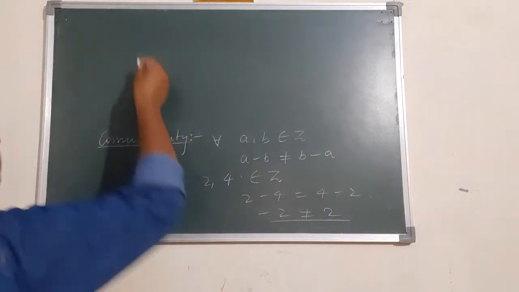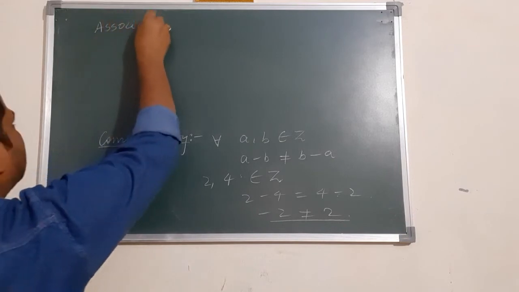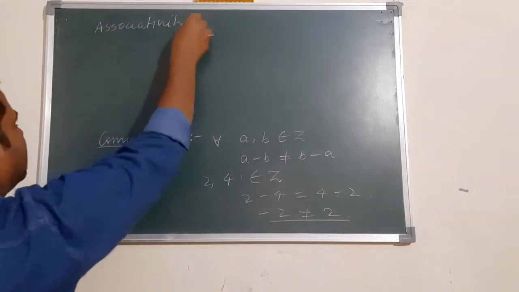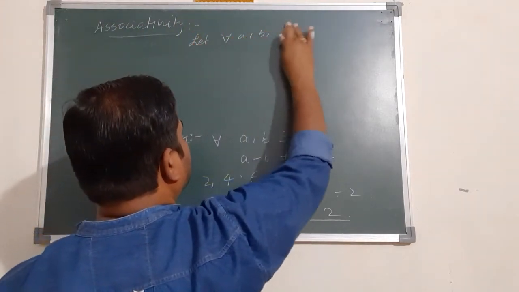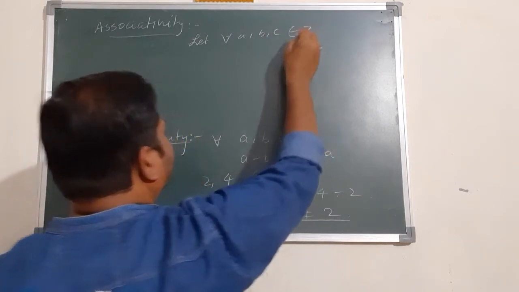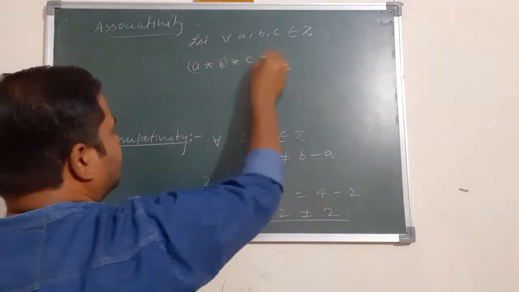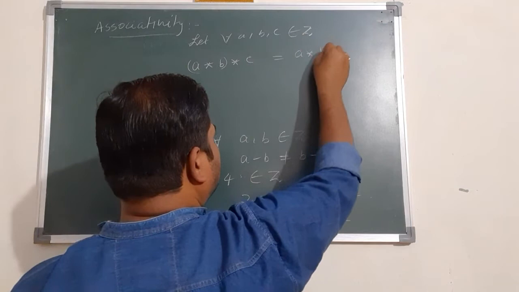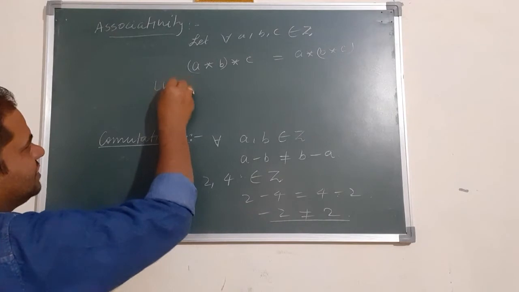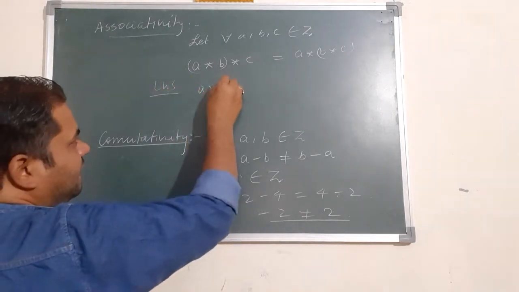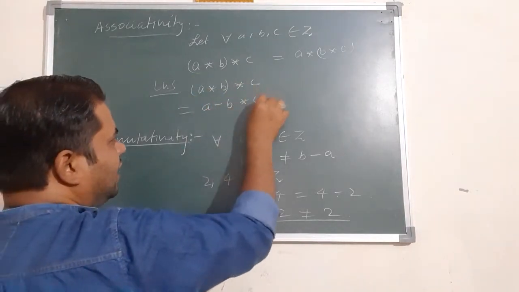A star B is A minus B. So for associativity, let for each A, B, C belongs to Z, A star B star C must be equal to A star B star C. So if you talk about the LHS, A star B star C, that means A minus B star C. Why?